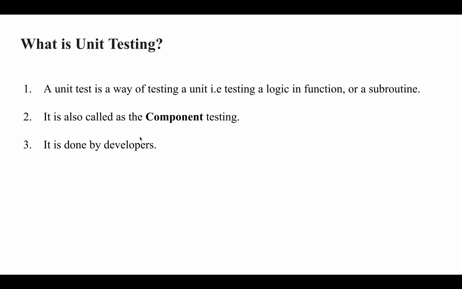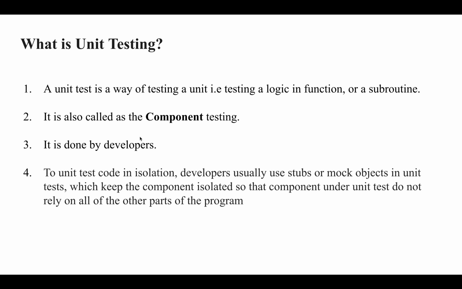Generally, unit testing is done by the developers in the coding phase itself, and to test the code in isolation, developers usually use stubs or mock objects in the unit test, which keep the component, that is the code under test, in isolation, so that the component under unit test does not rely on other parts of the program.